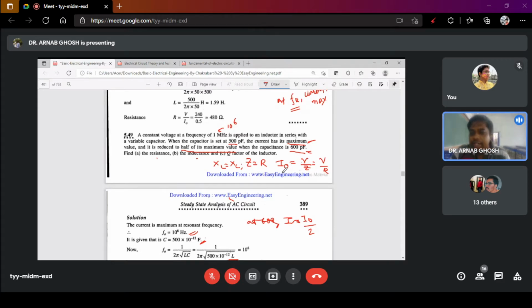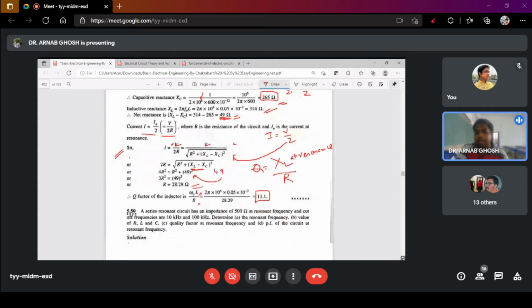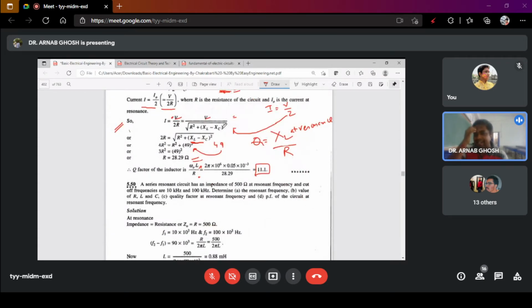Since at resonant condition the current is maximum, I0 is V by R. So half into V by R is equal to V by 2R. This is from the given statement of the problem. Yes, sir. Thank you, sir. Again, you know already that I will be equal to V by Z. So we are just equating these two.